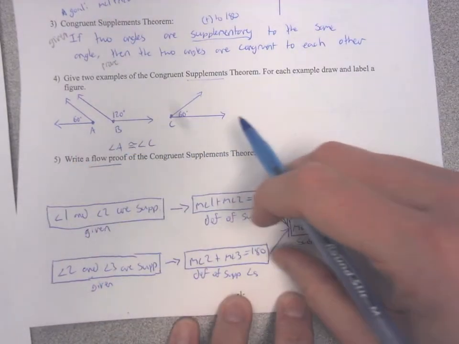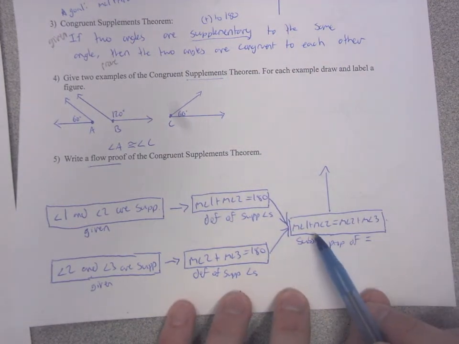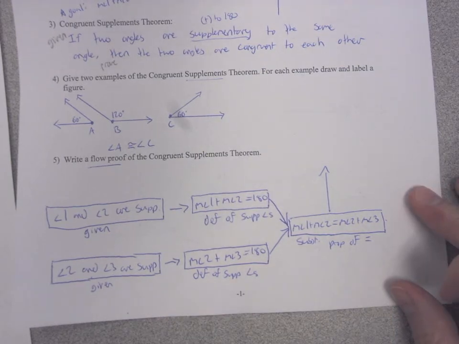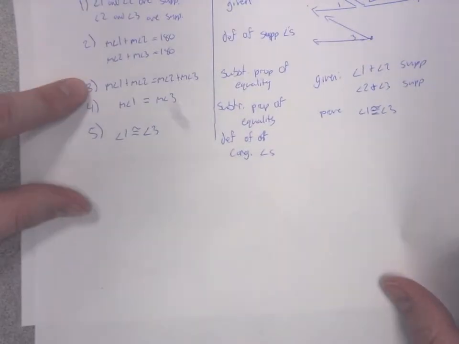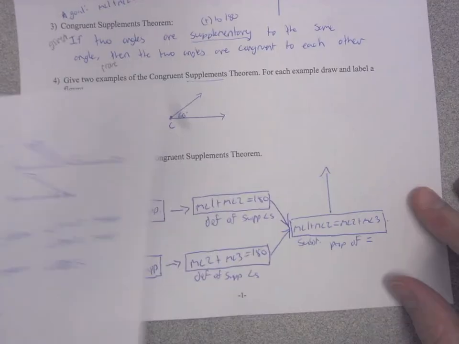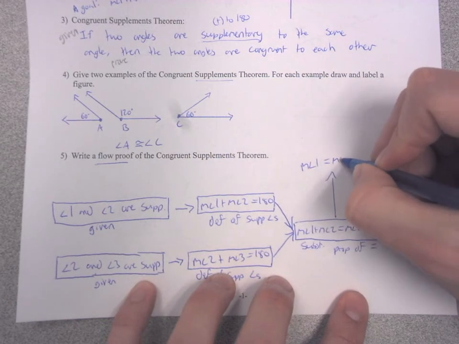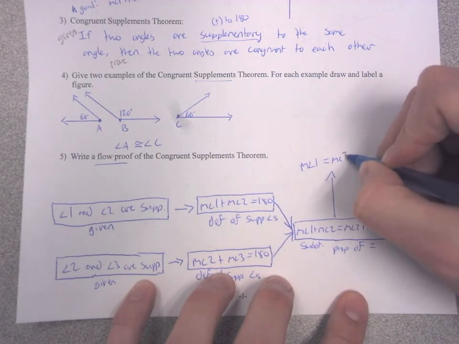So these two chains of reasoning go to this one. Where do we go from here? The measure of angle 1 plus the measure of angle 2 equals the measure of angle 2 plus the measure of angle 3. What we did from there is subtract the measure of angle 2 from both sides. So that turned into the measure of angle 1 equals the measure of angle 3, excuse me.